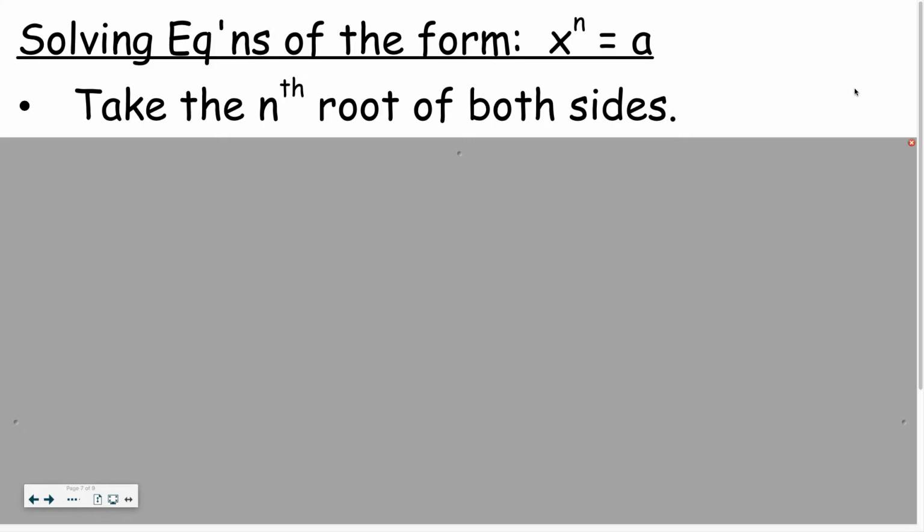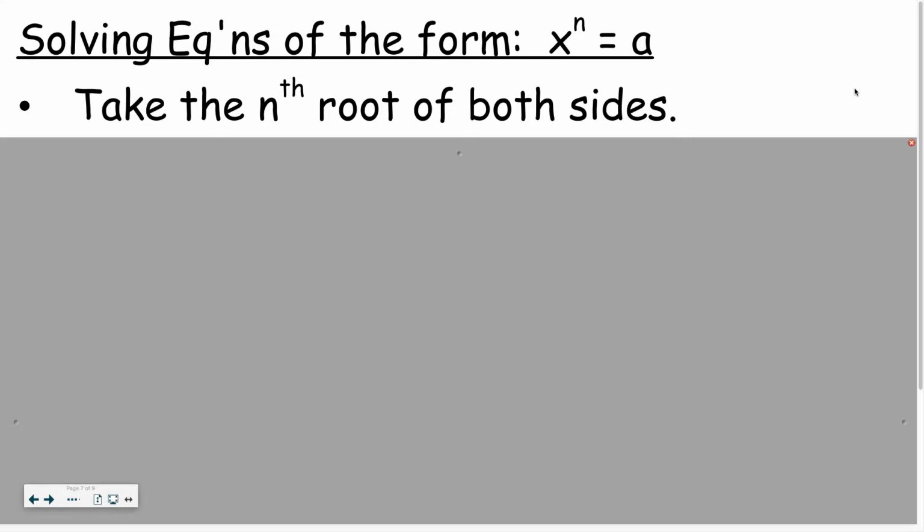And so my directions to you are to undo that exponent n, take the nth root. It's what you did with Pythagorean theorem, right? When you got to c squared equals 36, took the square root of both sides, and c was equal to 6. So now if it's c cubed equals 8, you're going to take the cube root of both sides, and c is going to be equal to 2.